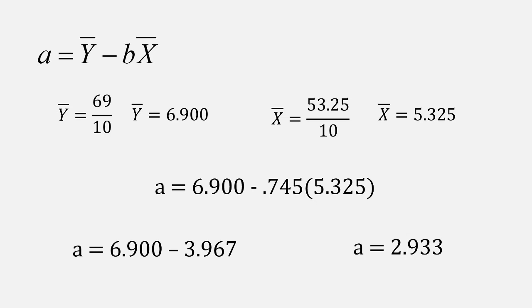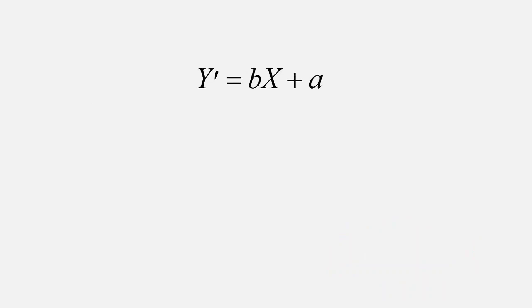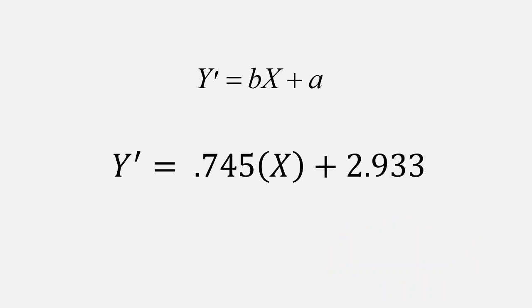So you can't correct yourself to a high degree of specificity, but you can make sure you're in the ballpark. And then from there, you would create your regression equation, and it would look like this.